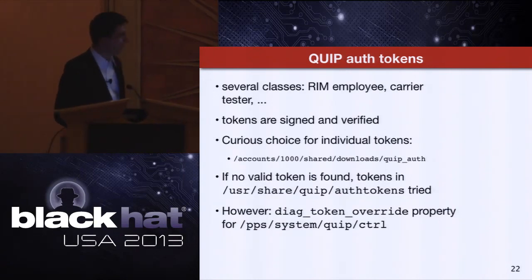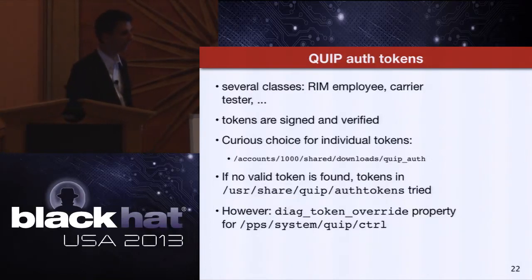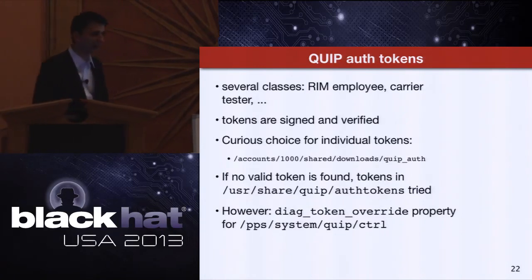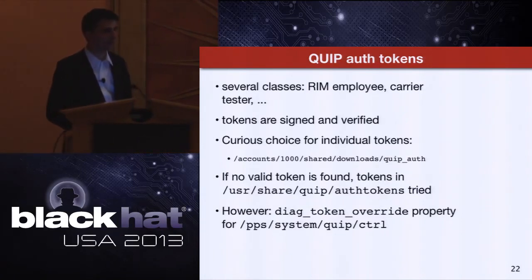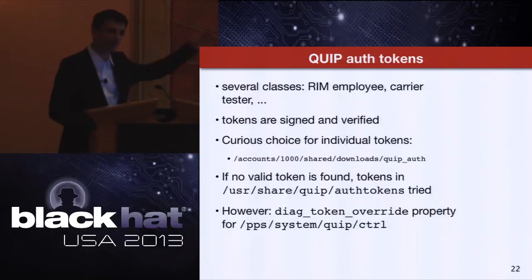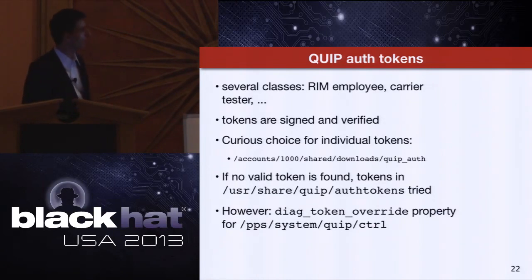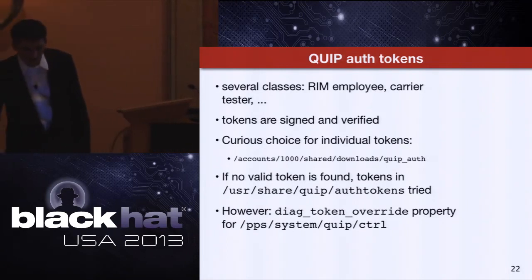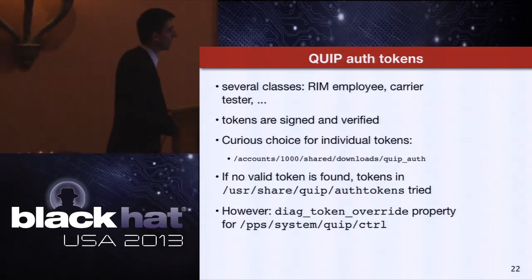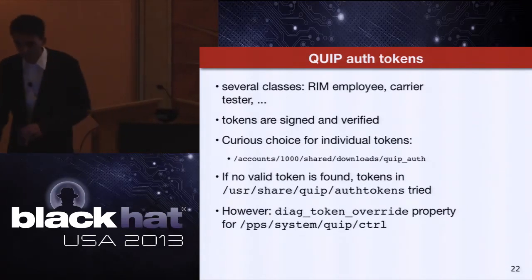And I found it somewhat curious that the path they have for the individual tokens is the downloads directory. So if you accidentally download something as QUIP-auth, then the next time you can be introduced to this logging facility. And if no valid token is found, there's a list of different carrier tokens that is tried. And also there's an override property that you can use to force enable this, apparently.